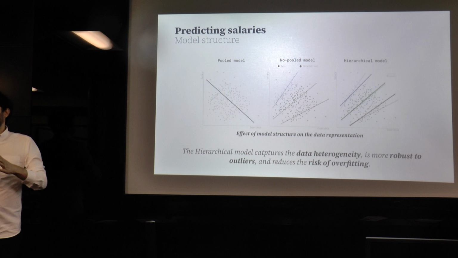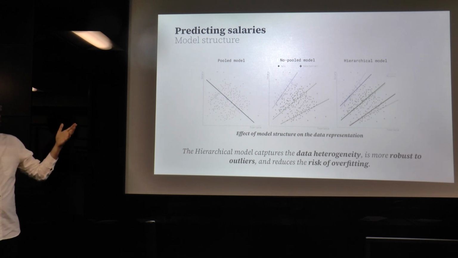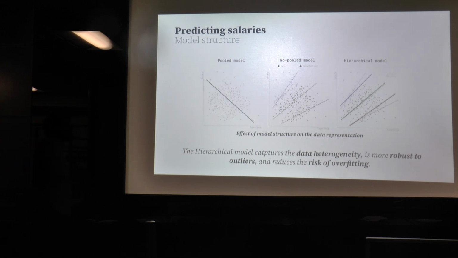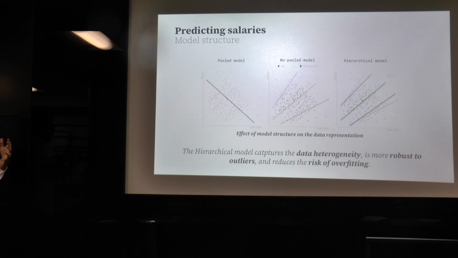Then we can say, well, we have some clusters, so we can estimate one model for each cluster. This gives us better results, but we can see that the outliers here are affecting our analysis.